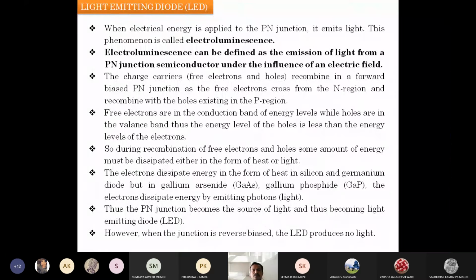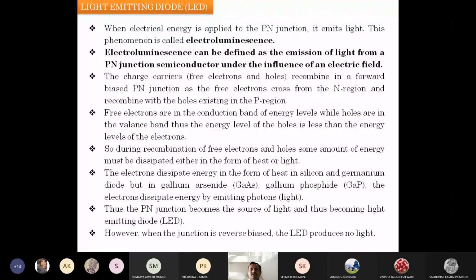It means the movement of charge carriers, that is the recombination of electrons and holes, is going to produce light in the device, and that too of the type gallium arsenide and gallium phosphide. However, when the junction is reverse biased, the LED produces no light.